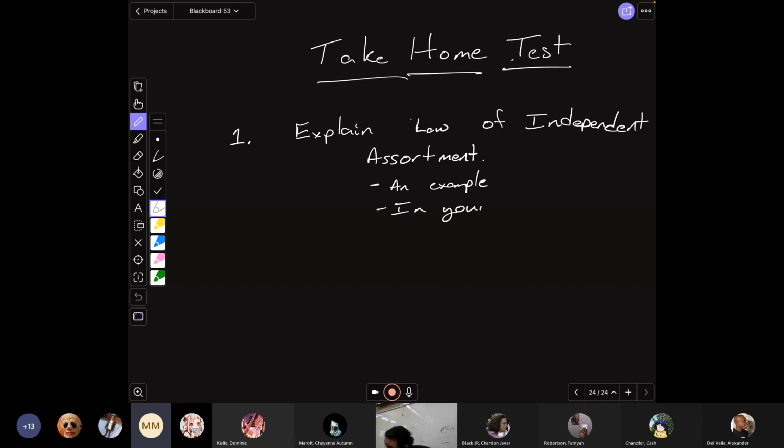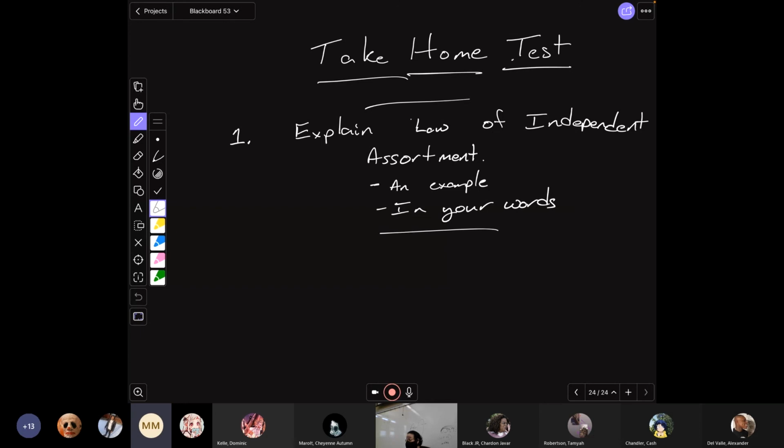You can work together as a group. I want to warn you right now, I will be checking your answers for plagiarism. We have an app that searches the internet for anything you might have cut and pasted, and it tells us how similar it is to anybody else's work. So do not copy and paste, because I will know.